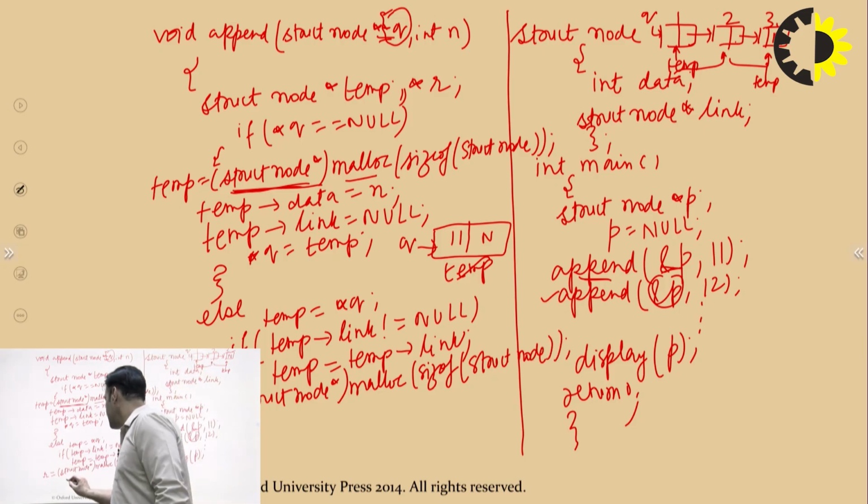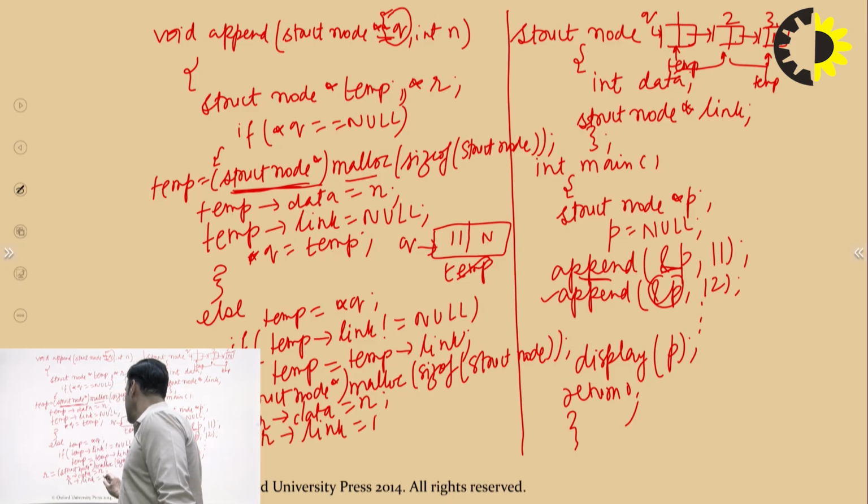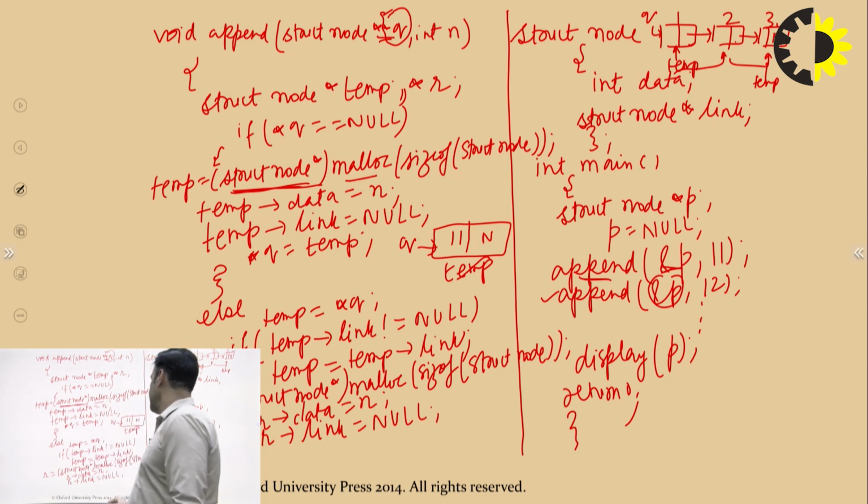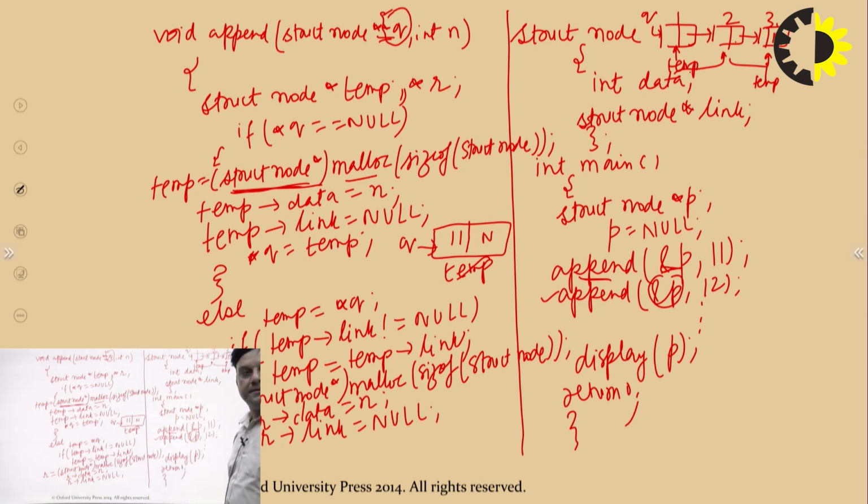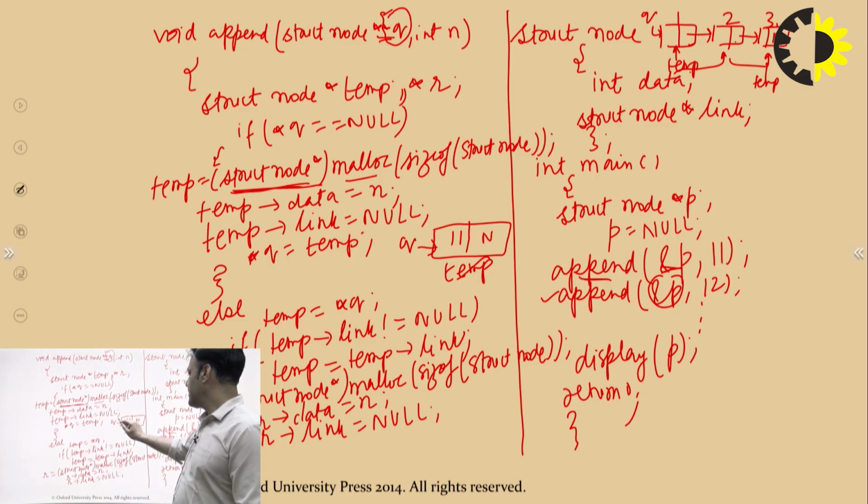Okay, r's data part will have the value num, r's link part will have null, right? Okay, now at last this will point to this q's link.